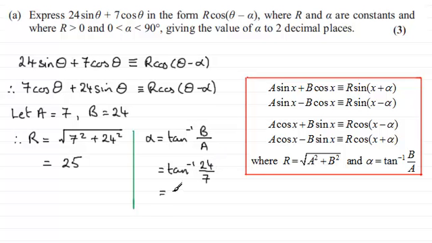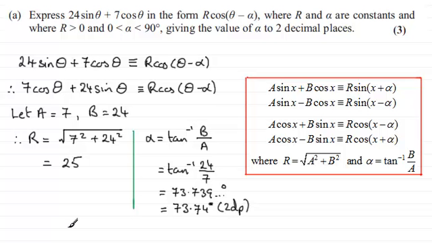And this turns out to be 73.739 and so on. Remember we're working in degrees, so make sure you've got your calculator in degrees mode. And we've got to give this value of alpha to 2 decimal places. So that's going to be 73.74 degrees to 2 dp.